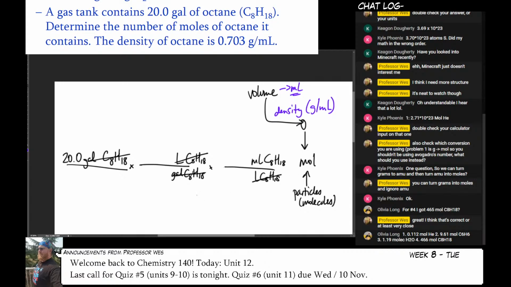Normally I would just keep doing the calculation, but I ran out of room, so I'm going to do this, and then I'm going to hit enter, and we're going to get a number of milliliters here. So how many gallons and how many liters? Well, we've got to look that up on Google. 1 gallon to liters. And Google says that there are 4.546 liters in a gallon.